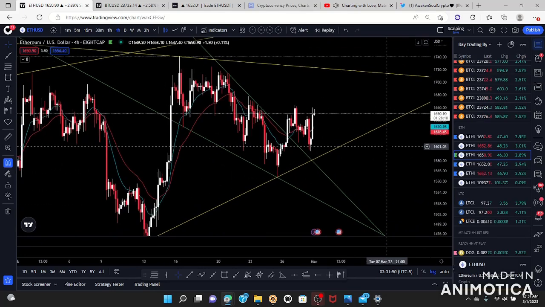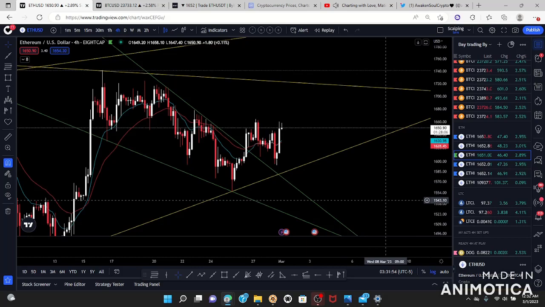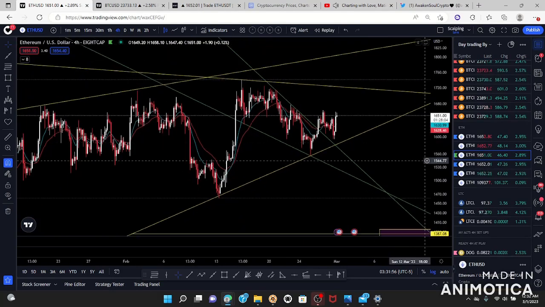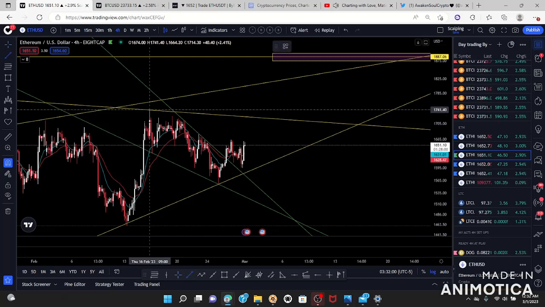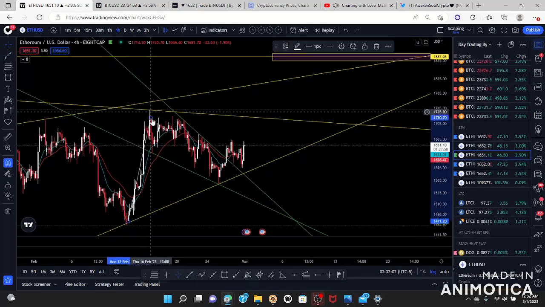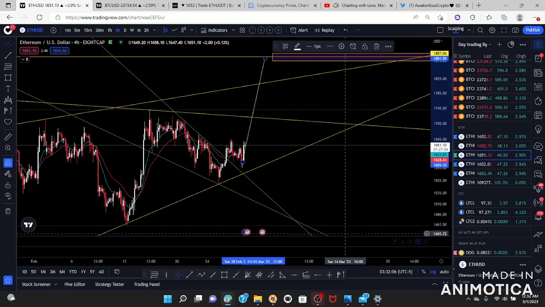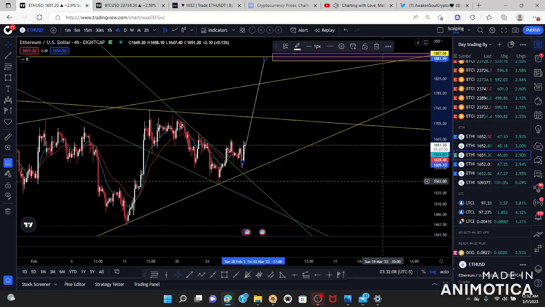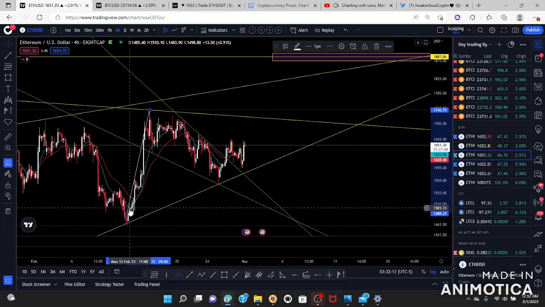Within this flag I came into, just based on this flag, let's do the measure move. Check this out. Amazing. Flagpole measure move. Guess where it's going? 1881. Amazing, so keep that target.